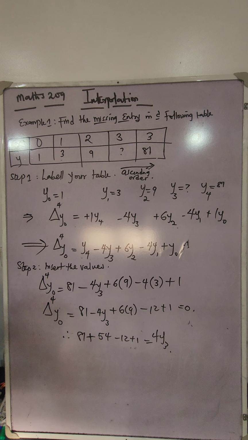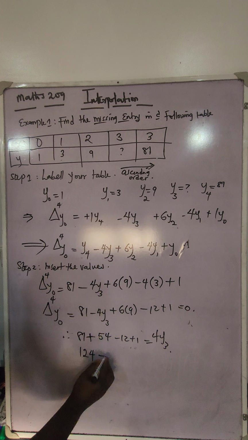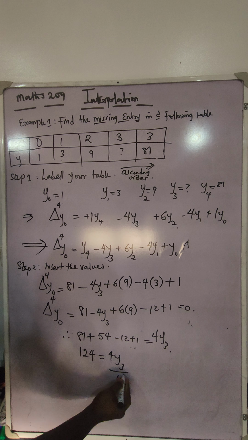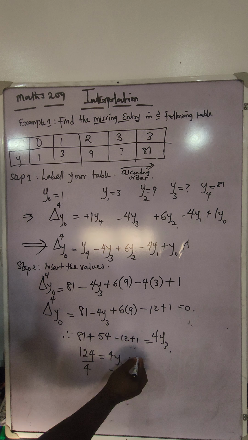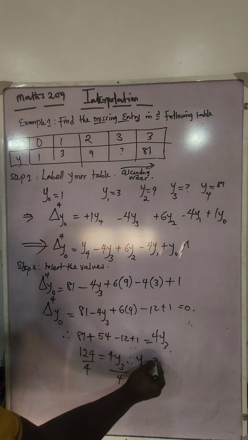That's 121, 124, and 124 divided by 4. So we said 124 is equal to 4y3. And so when we divide both sides by 4, we have y3 is equal to 31.